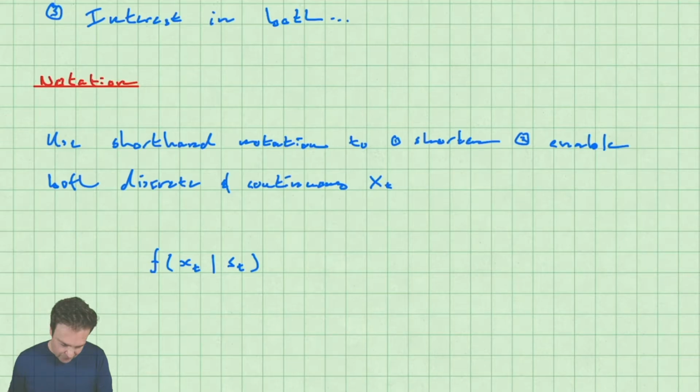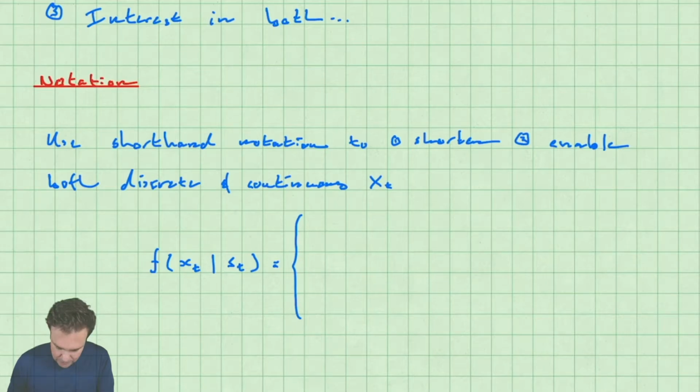They're going to be the values taken on by the different random variables, capital X sub t and capital S sub t. There's some hidden information here.